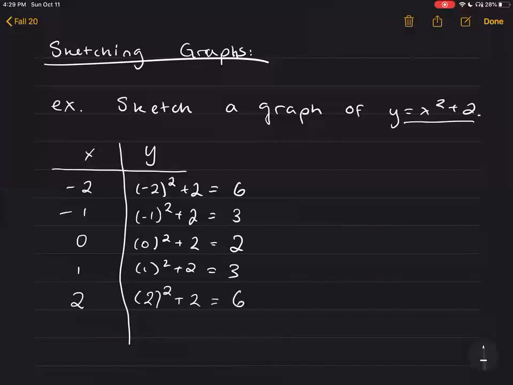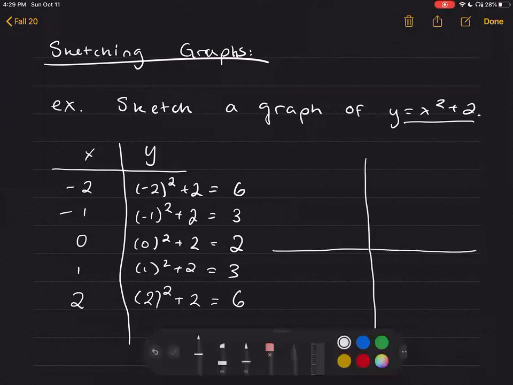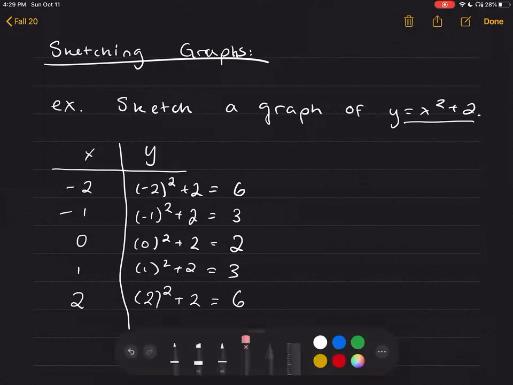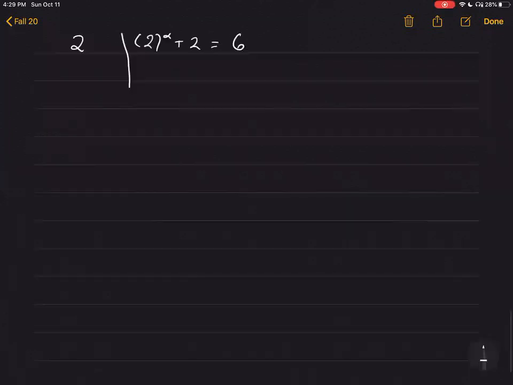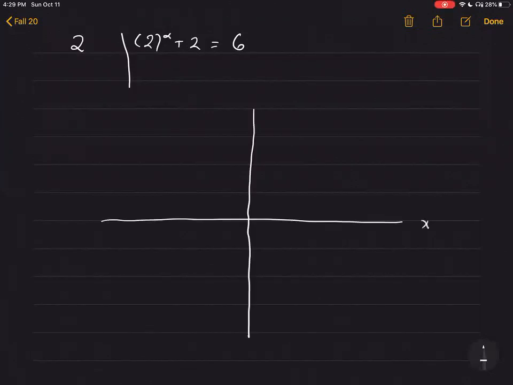So now we can use this information to sketch a rough graph. Actually, I'm going to do this further down so I have more room. Sketch a rough graph like so. So this is x, this is y.